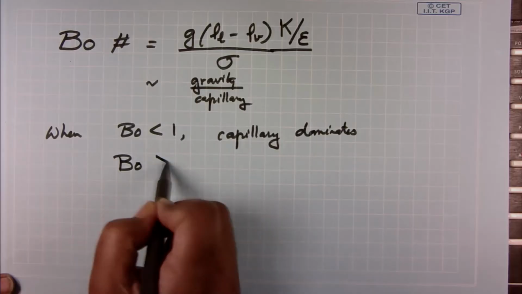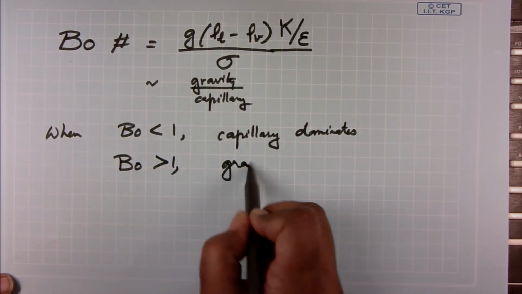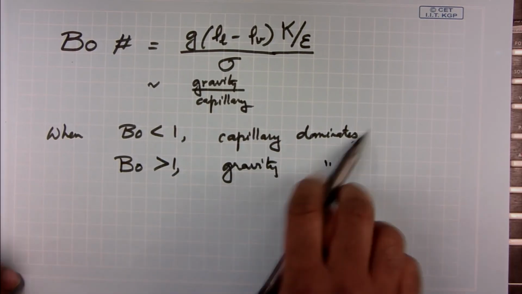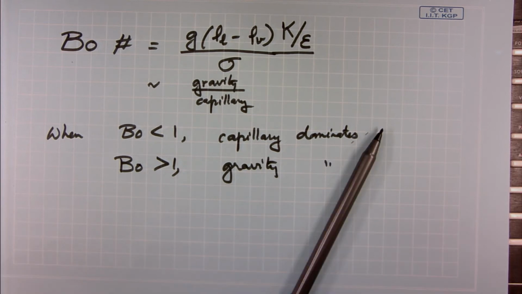On the other hand, if bond number is greater than 1, gravity dominates. So, which means, yeah, the capillary effect forces would like to pull it away, but then the gravity forces are so strong that it wants to go down. Yeah, I am going down. You can try as much as you want, but the response is not going to be great, right. So, these are the two cases.